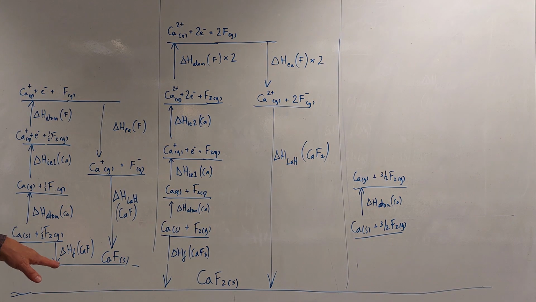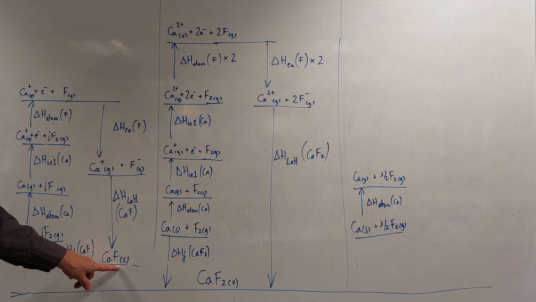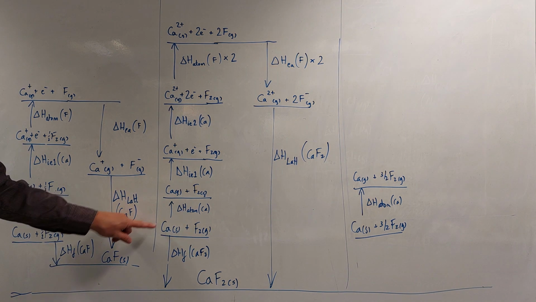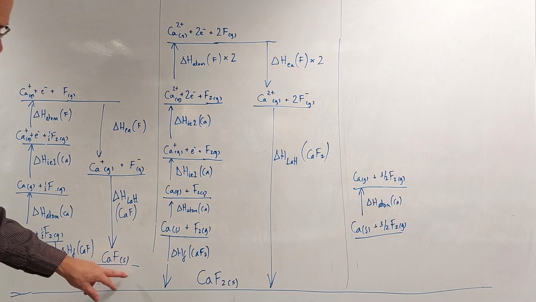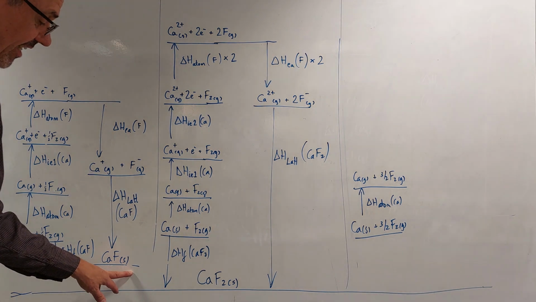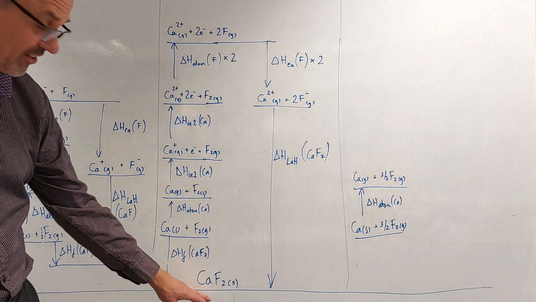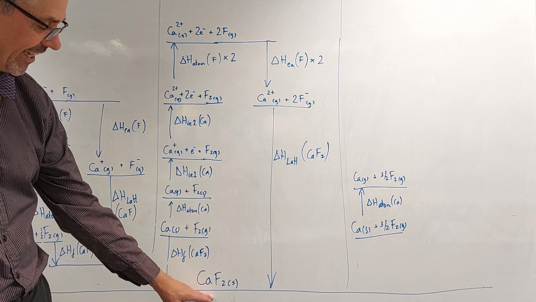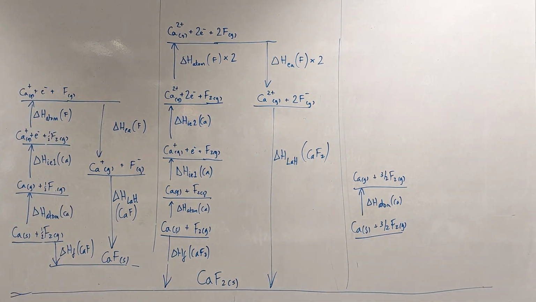So the Born-Haber cycle still works, but because CaF is kind of hovering up here, if we compare that with calcium and fluorine up there and CaF₂ down there, we can see that thermodynamically it will be downhill, exothermic, for CaF to form itself into CaF₂ and a little bit of calcium metal.